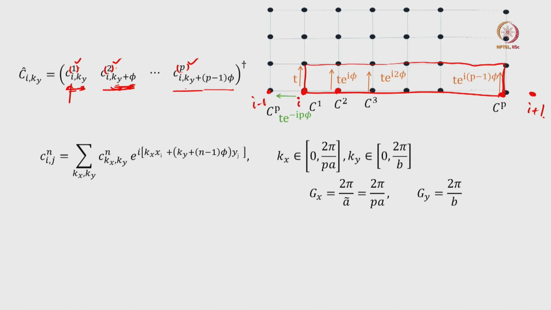This will then be the Fourier transformation if you want to go back to entirely real space, and here n would denote this index. So kx, ky, but remember now kx is defined from 0 to 2 pi by pa, whereas ky remains the same, and this is how the reciprocal lattice vector will look. So kx times xn and ky plus n plus 1 phi ky.